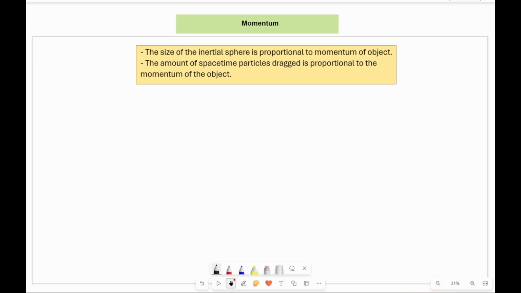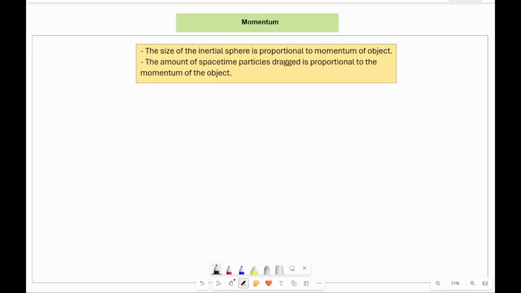So for the Michelson-Morley, the size of the inertial sphere is proportional to the momentum of the object. And when I say size, I'm not necessarily speaking about just purely the radius, but it could be the total volume of space-time particles moving with the object.